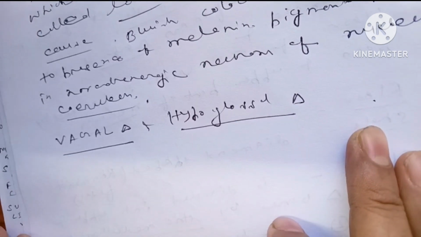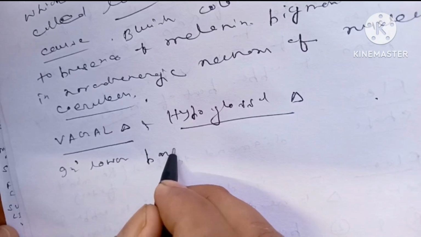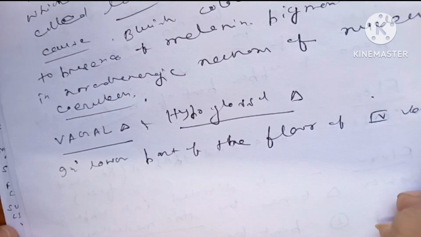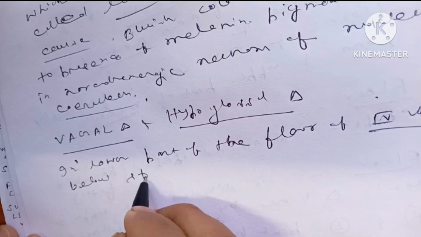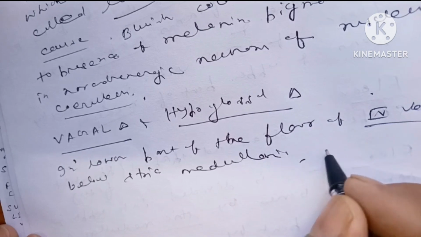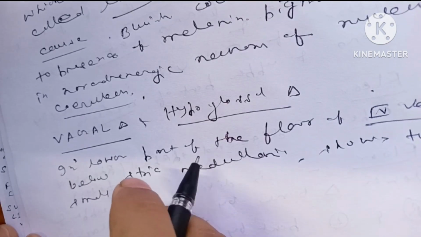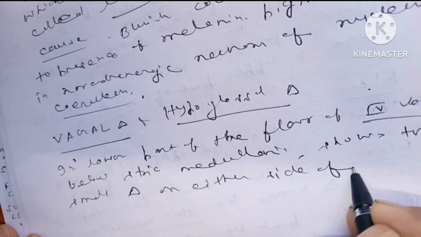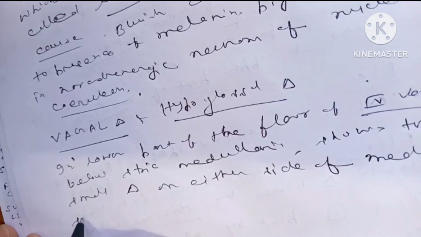In the lower part of the floor of the fourth ventricle, below the stria medullaris, there are two small triangles on either side of the median sulcus.